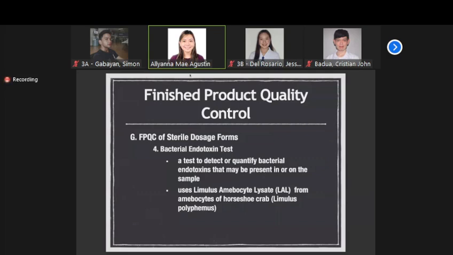So is the bacterial endotoxin test in vivo or in vitro?